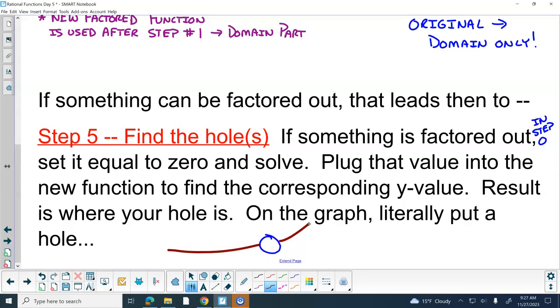You're literally going to have to lift up your pencil, go to the other side of your hole, and then continue on. If you draw through it, I'm going to mark it wrong. Don't draw through it.